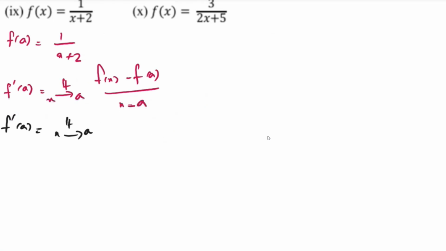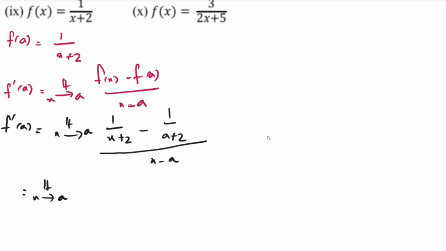Now f of x is 1 upon x plus 2 minus f of a, which is 1 upon a plus 2, divided by x minus a. Now let's take the LCM of these both two. It will be x plus 2 into a plus 2. X plus 2 is cancelled with x plus 2, so the remaining is a plus 2.